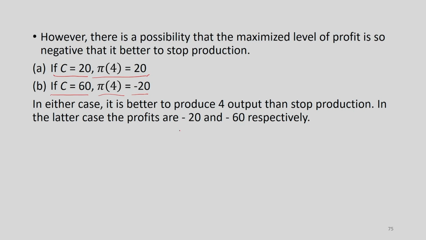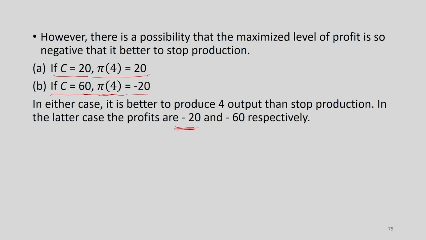If he does not produce when the fixed cost is 20, he is getting a profit of minus 20, it is written here. So, if he does not produce, he gets minus 20 profit. If he maximizes profit and produces something, his profit is 20. So, it is optimal to produce rather than not produce.